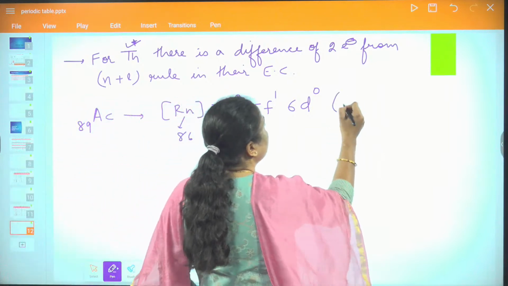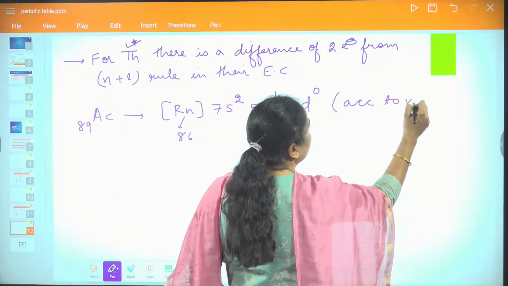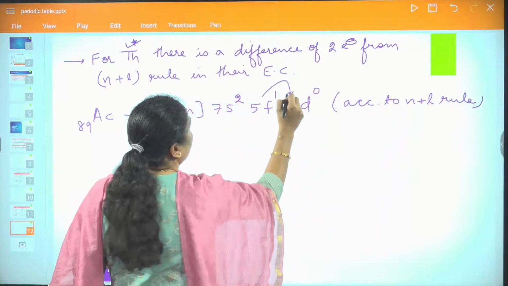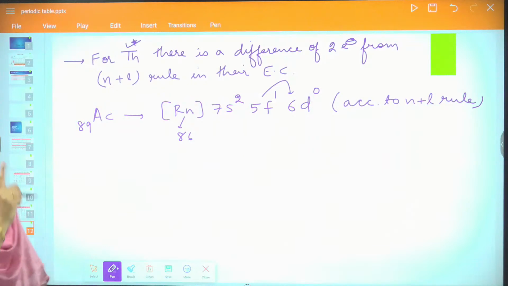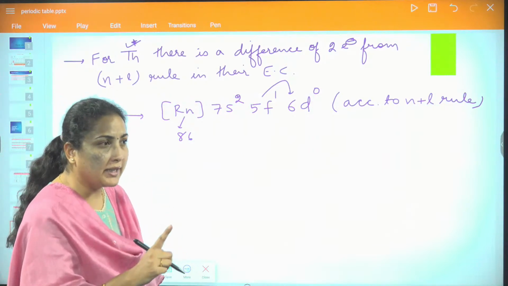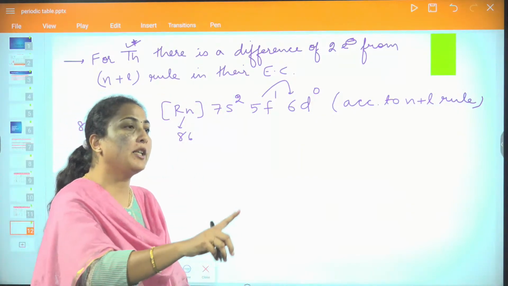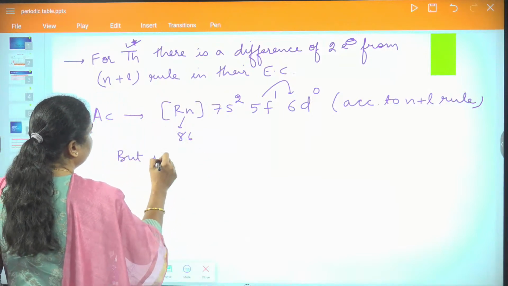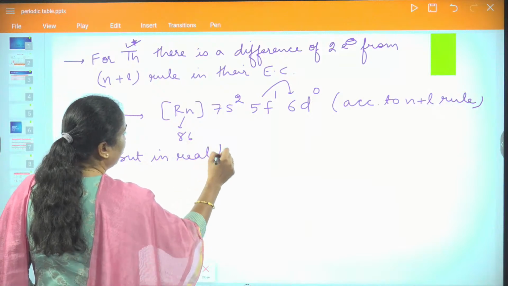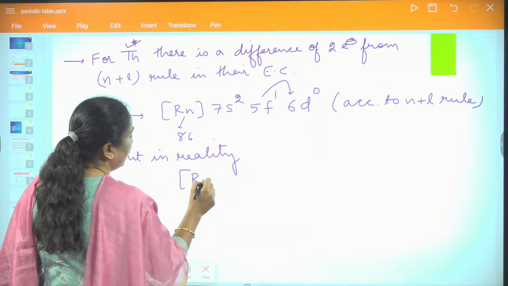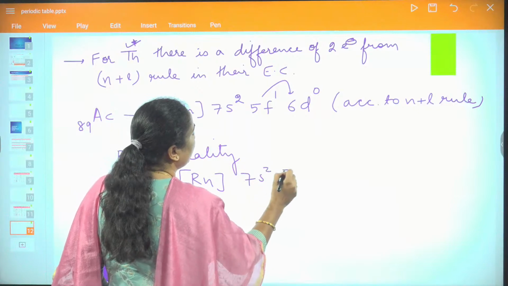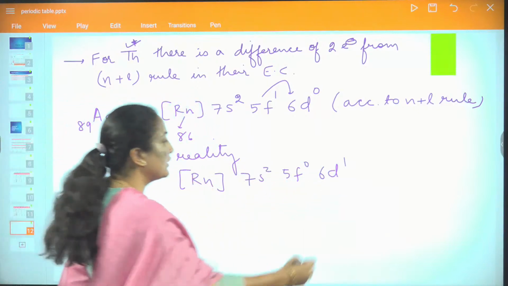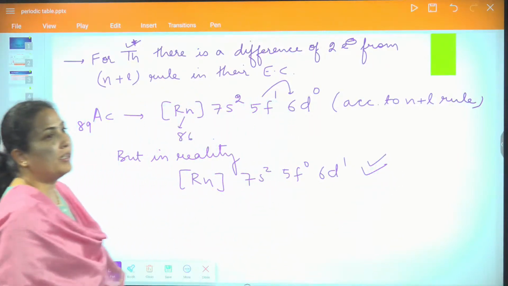This is according to the n plus l rule. But in reality, what is seen? There is a difference of 1 from the n plus l rule in actinium. So you will be shifting 1 electron from 5f to 6d. So in reality, that will be 7s2, 5f0 and 6d1. This is the correct electronic configuration for actinium.